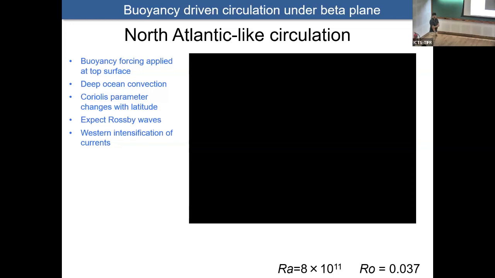Okay, so this was one of the simplified systems of the North Atlantic scenario. This is your Gulf Stream, western boundary current, and eastern boundary current, and open ocean convection without having any wind forcing.